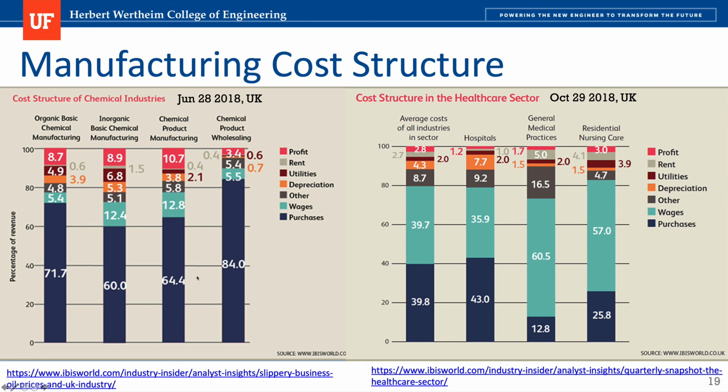So on the left side, in our type of industry, we're more concerned with buying equipment, the purchasing of raw materials, and also the utilities, which you can see have a big percent. But here in the healthcare sector, where more people are working to provide the service to the customer, you can see really large wages.